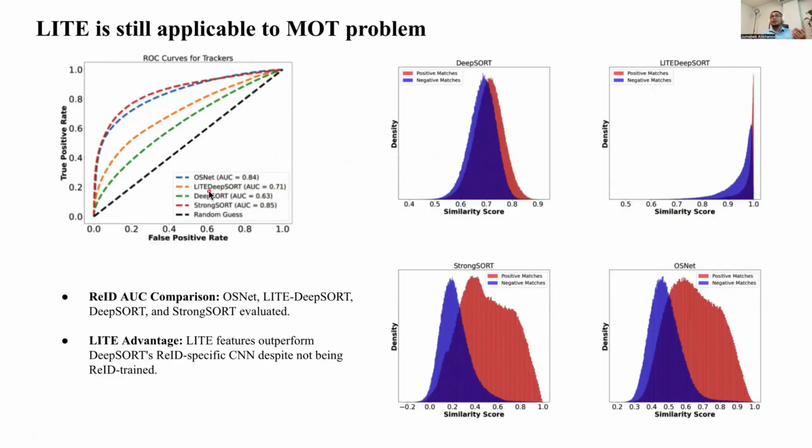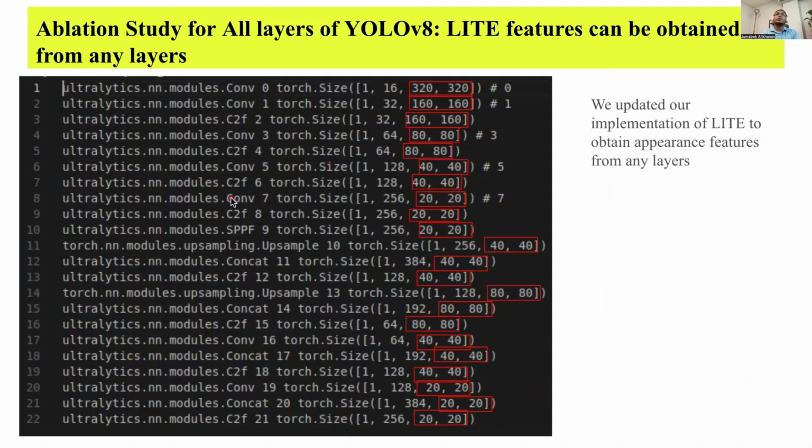Meanwhile, what we are using in LITE is not trained for distinguishing identities. However, the important point is the detector YOLOv8 we are using for LITE is more modern, more recent, meaning LITE can take advantage of R&D in the detection domain, right? When a new detector comes, there is no need to design a new tracker. LITE can directly benefit from that. And that's how it got a better representation power compared to DeepSORT, right? By just being implemented on top of detection with a simple algorithm.